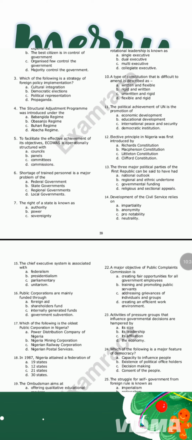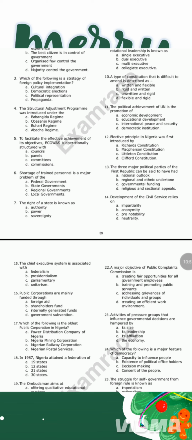And how many states did he create? He created 2 extra states in 1987, making it 21. And also, in 1991, he also created 9 extra states, making it 30.